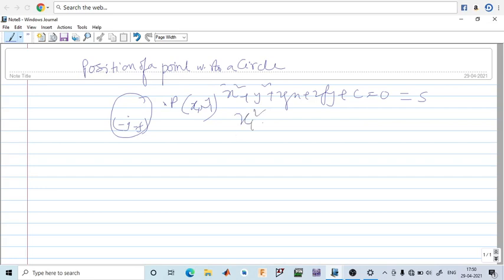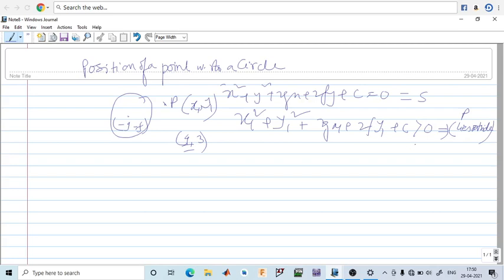Suppose this is a specific value, 4 3, suppose this lies outside the circle. x1 square plus y1 square plus 2gx1 plus 2fy1 plus c greater than 0 implies P is lying outside. Clear?